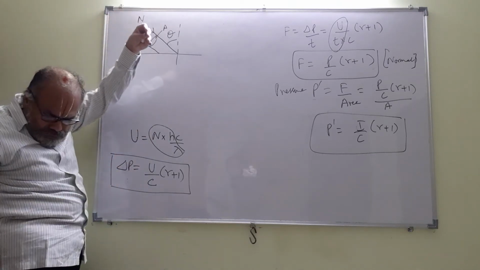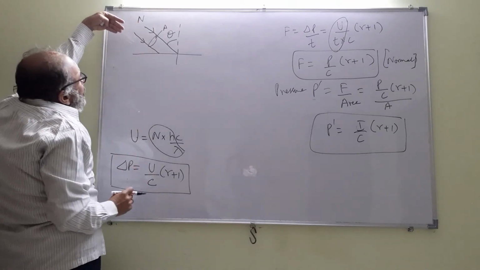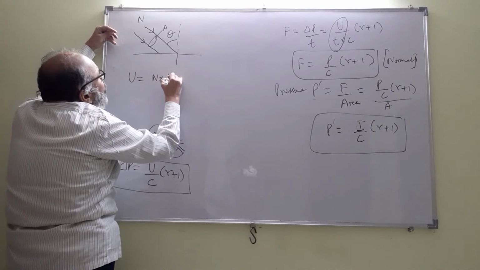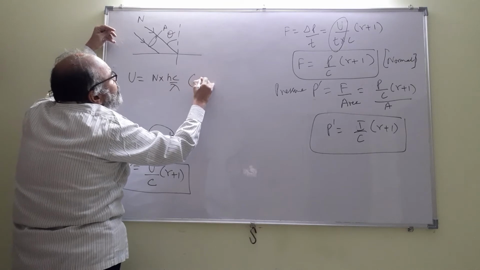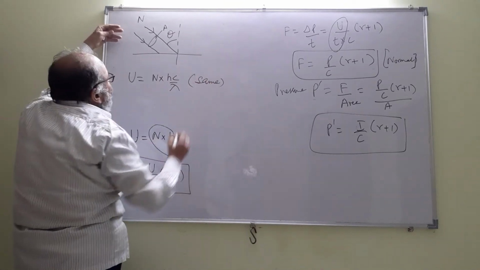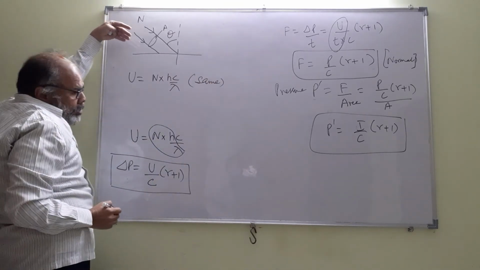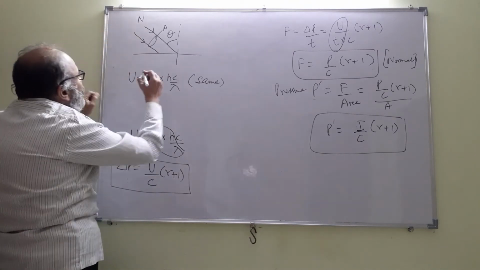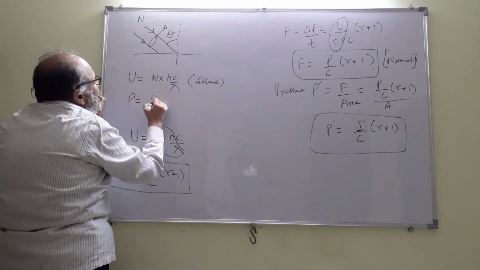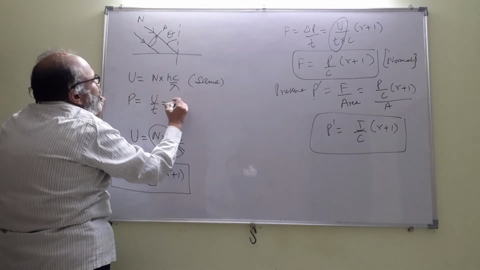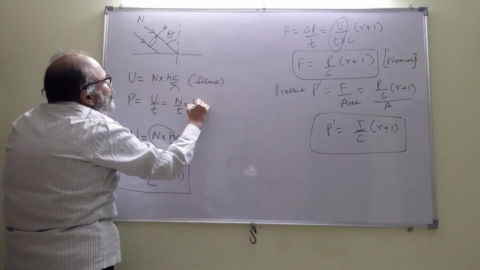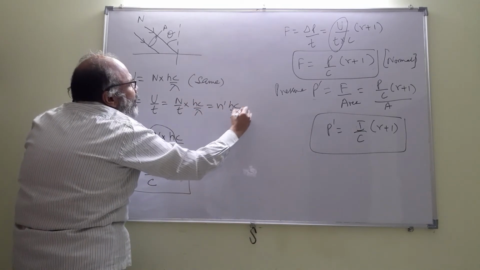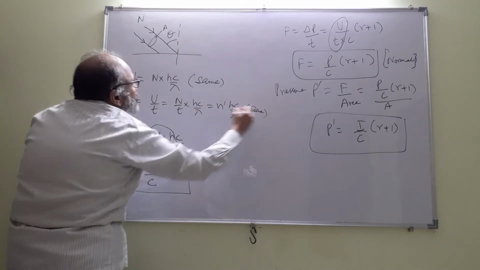Now the energy is going to be n into hc by lambda. So it is the same expression, whether it is normal or oblique, the energy of the photons is the same. The power is U by t. That is going to be n by t into hc by lambda. That is n dash hc by lambda. That expression is also the same.